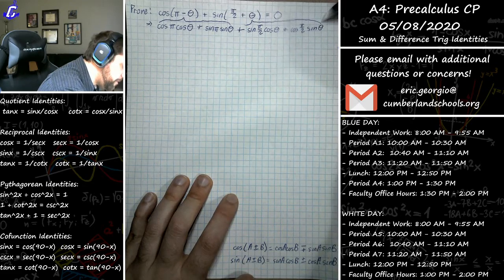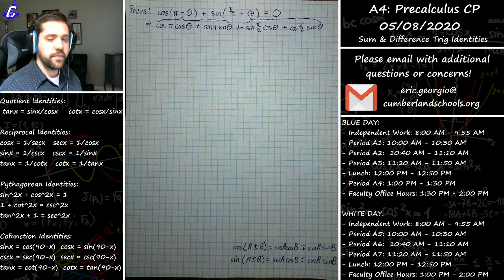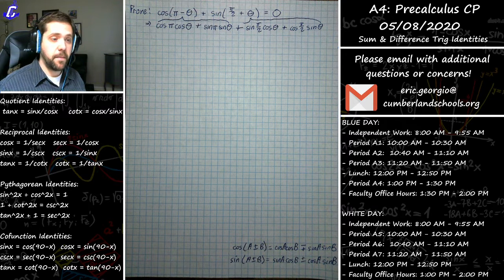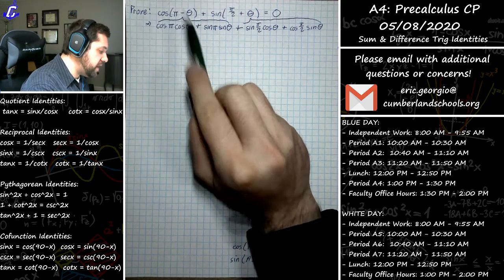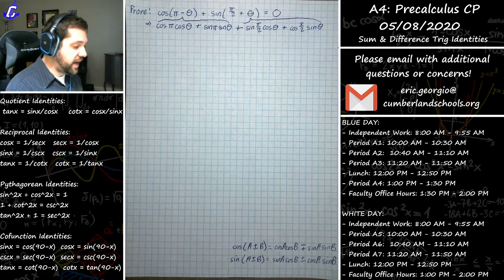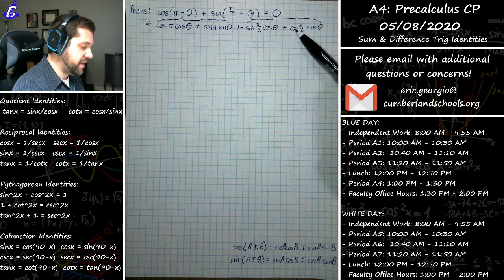Any question about that breakdown? Again, I want to emphasize one more time that cosine switches signs, while sine has the same sign.